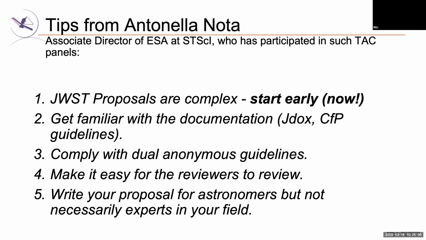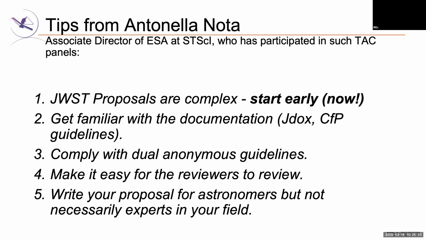Now a few slides about tips to help you for the proposal. They come from Antonella Nota, Associate Director of ESA at STScI, who has participated in many such TAC panels. Five things. JWST proposals are complex. Start early now. Okay, I think that's pretty clear. You have to start now because it's complex.